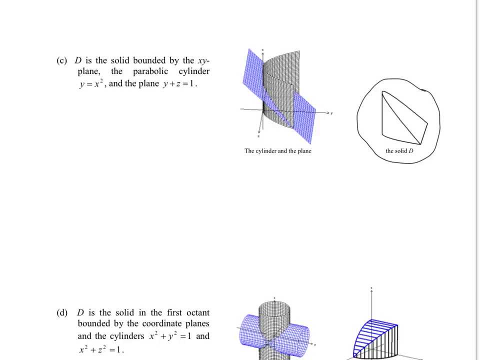If you stand high up on the z-axis and look down at that parabolic cylinder from above, it looks like the parabola y equals x squared in the xy plane. So that's the surface that bounds this solid kind of on the left, and then the surface that bounds the solid above and to the right is the plane y plus z equals 1, which appears in blue in that figure.